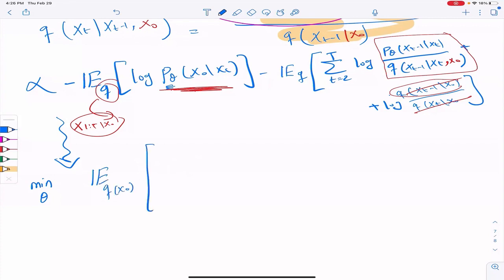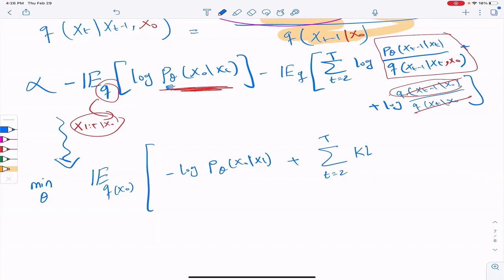So the first term is minus log of p theta x0 given x1, plus KL. You can think about it as expectation of q log of, you bring this minus sign inside, q over p.